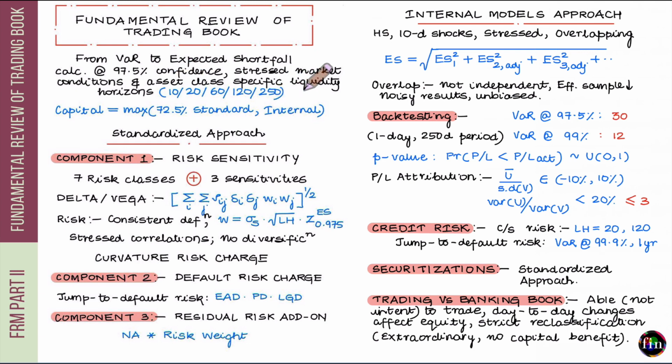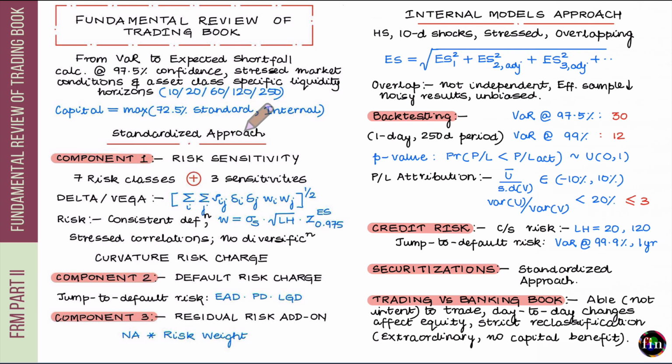Please note that the approach which uses the expected shortfall for determining the minimum capital required is called the internal models approach, and the approval to use the internal models approach is not granted on a bank-wide basis. This approval is granted on a trading desk level basis, and even if a trading desk has the approval to use internal models approach, it still has to also compute its minimum capital required using the standardized approach.